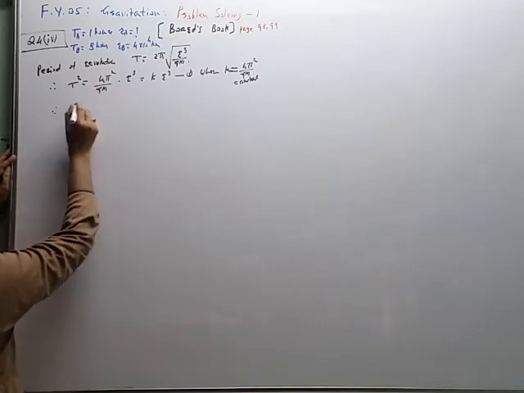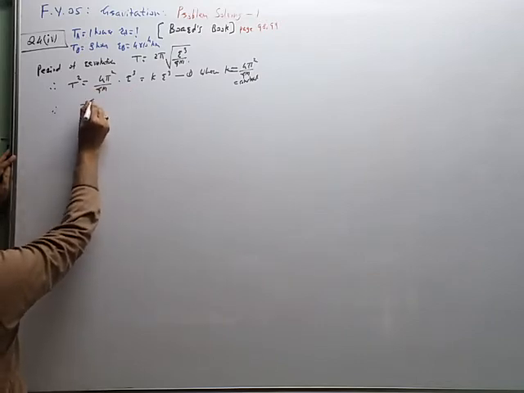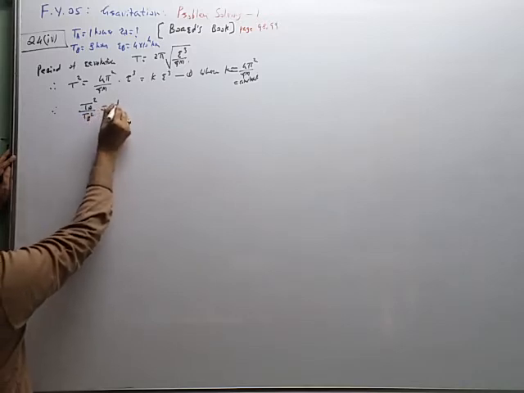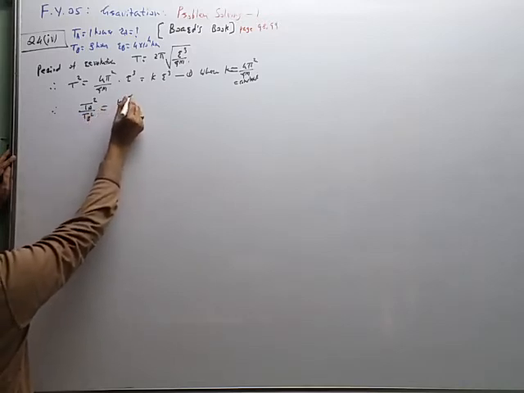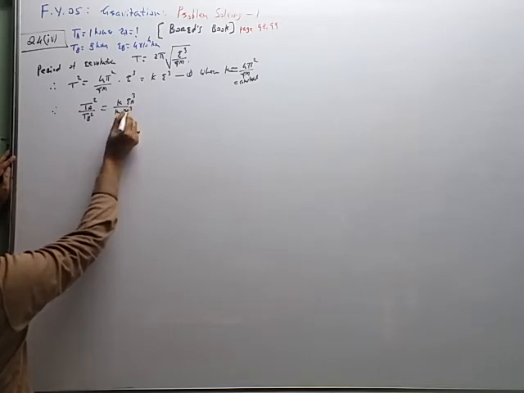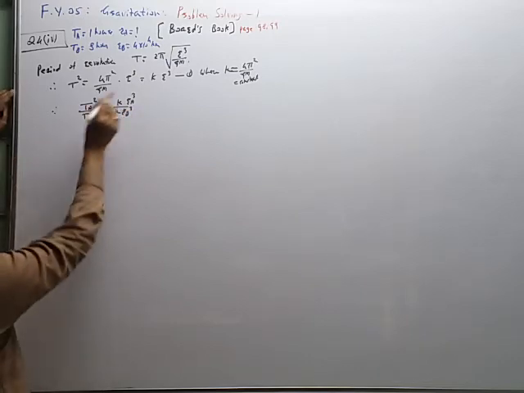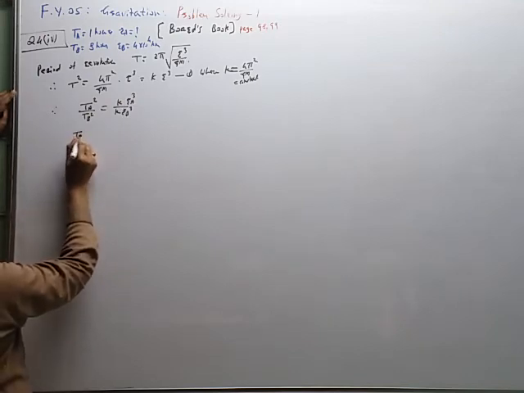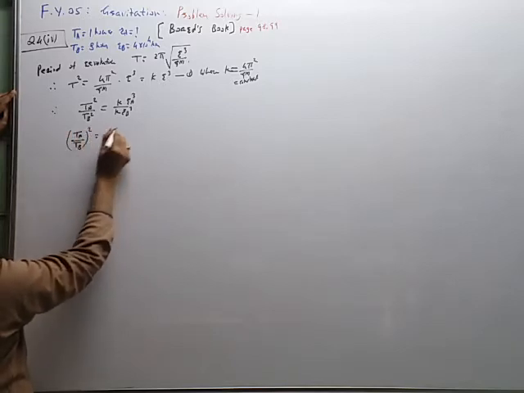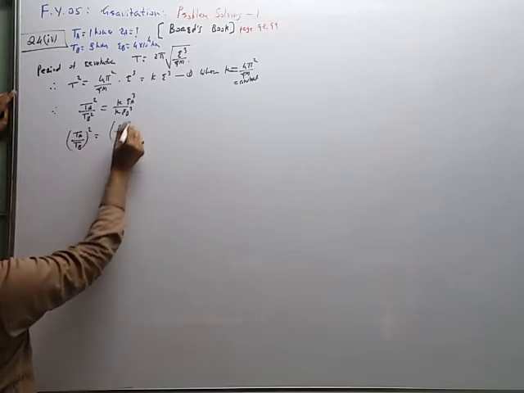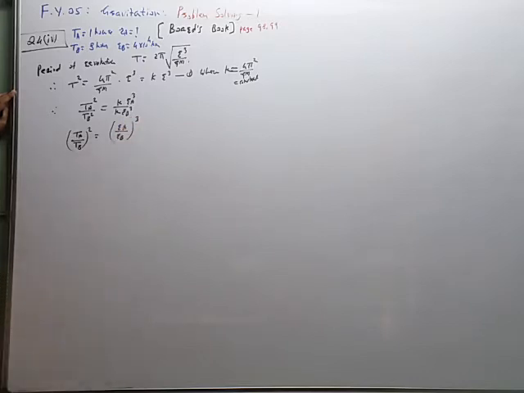Therefore, using equation 1, TA square upon TB square is equal to k times RA cube upon k times RB cube. So this k will get cancelled. So TA upon TB whole bracket square is equal to RA upon RB whole bracket cube.